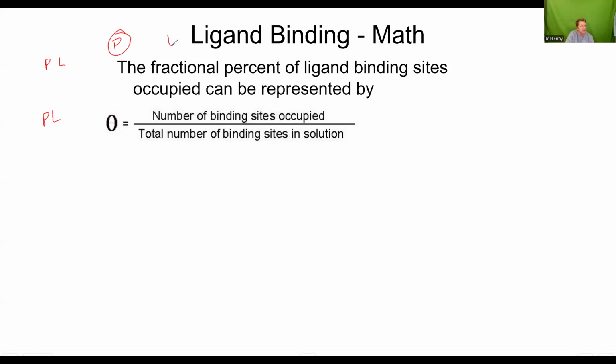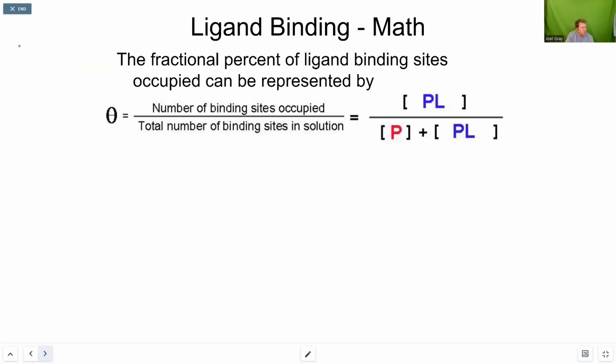Our free ligand, on the other hand, doesn't have a binding site, because we're talking about this in a protein-centric world, you could say. So what we've got here is an expression where theta is equal to the number of binding sites occupied divided by the total number of binding sites in solution.